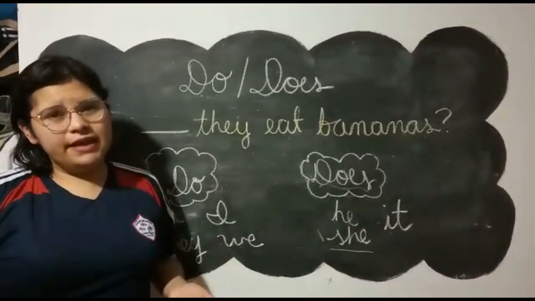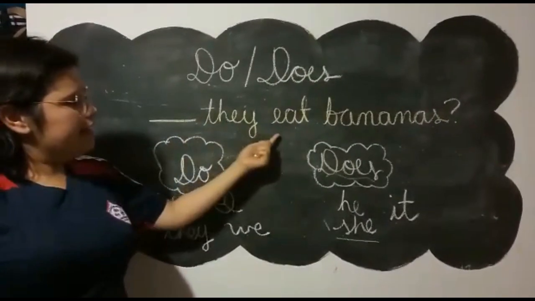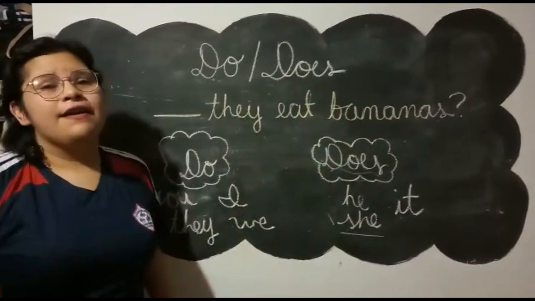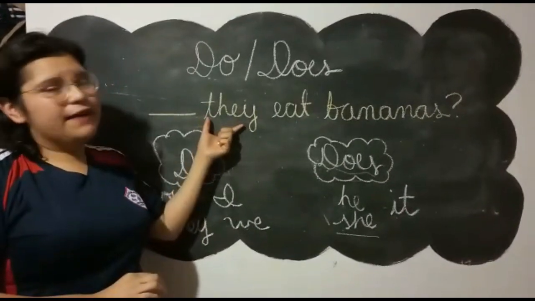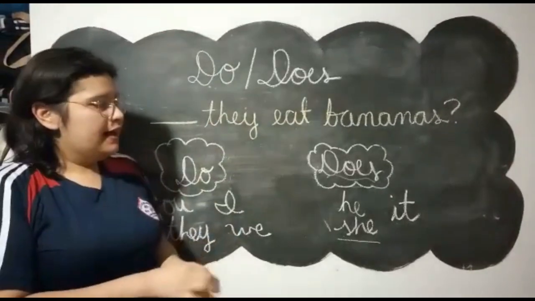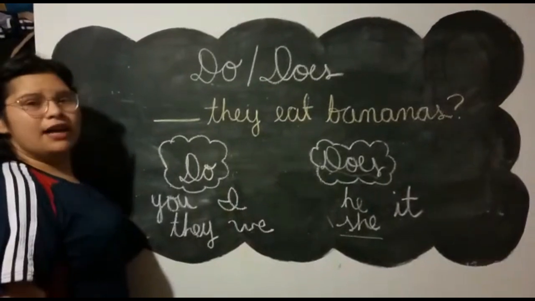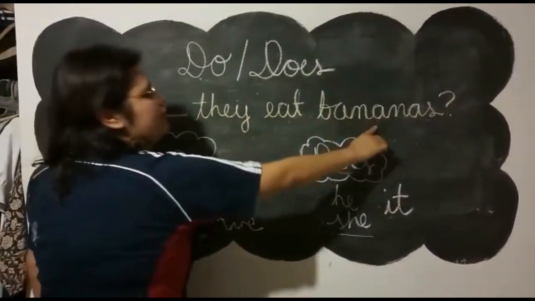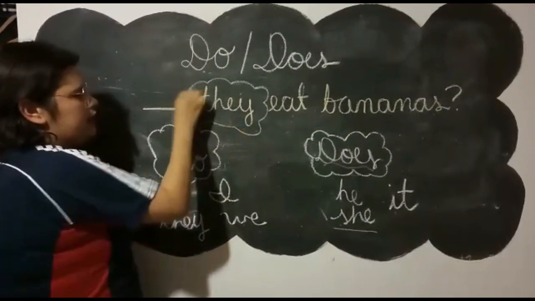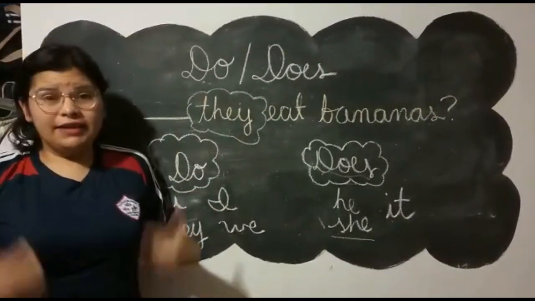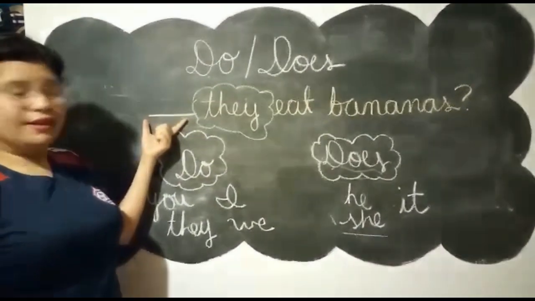Let's make another example. Now we have: they eat bananas. First step, we need to identify the subject. The subject that we have in this question is they. So now, what do we have to use?